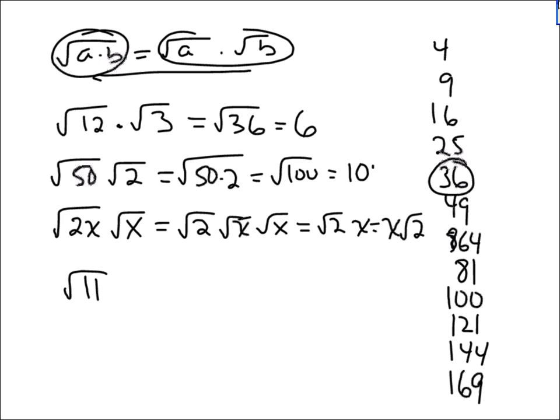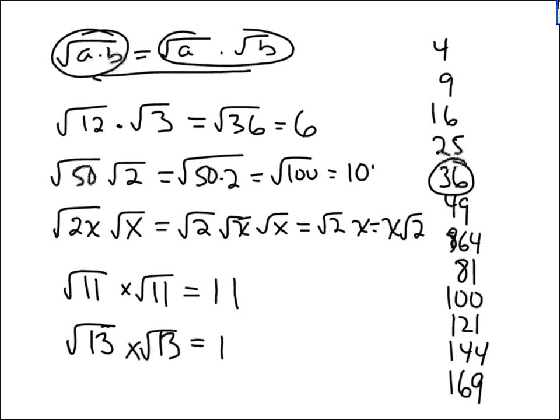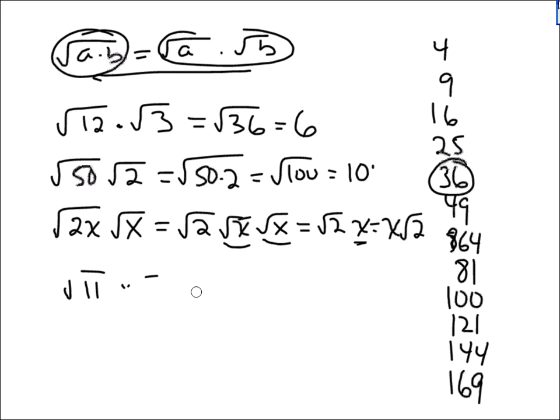By definition, if you multiply it by itself, you get back 11. The square root of 13 is that special number that when we multiply it by itself, gives you back 13. So that's why the square root of x times the square root of x was x. The only thing is x can't be negative. You can't take the square root of negative numbers.